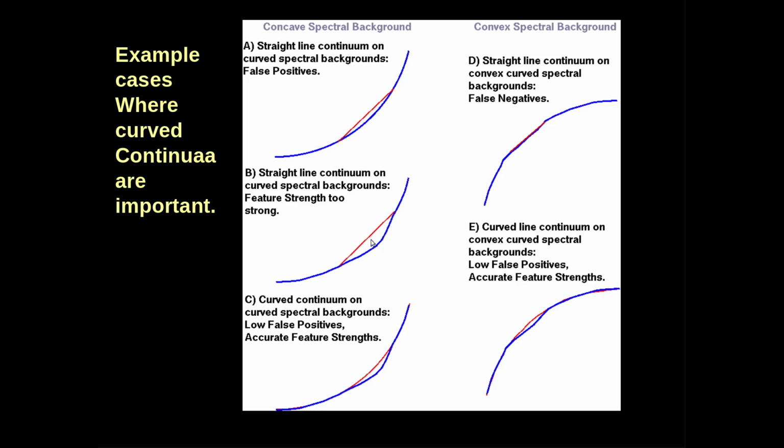So we'd see a little bit stronger, but this will still give a false positive. Conversely, if we were the other way, we might get a false negative. You know, we wouldn't see anything there, unless the feature was stronger. But with a curved continuum, we can get these false positives and false negatives from the curvature to a much lower level.